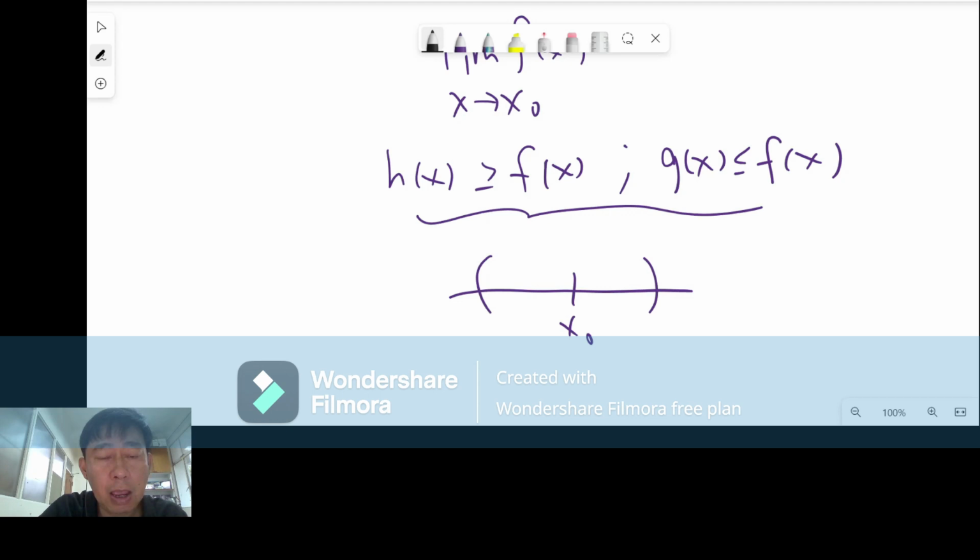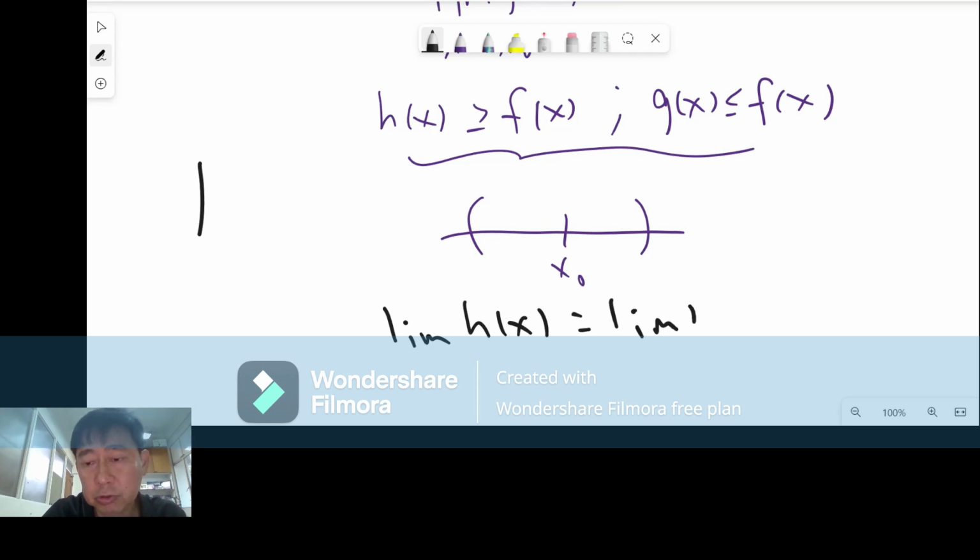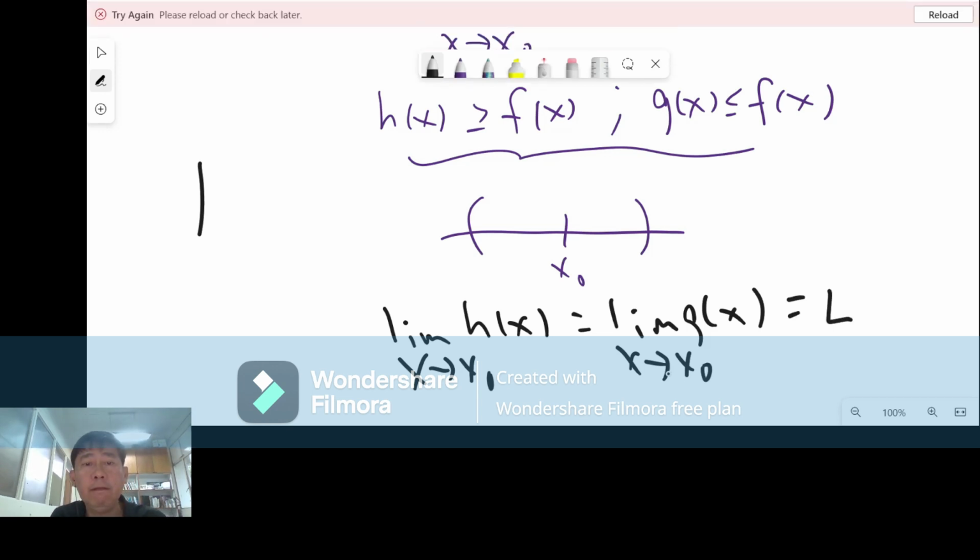And at the same time, there is another condition that has to be imposed on h and g, that is the limit of h and the limit of g at this particular value of x naught are the same, right?